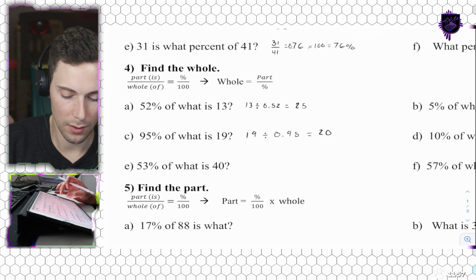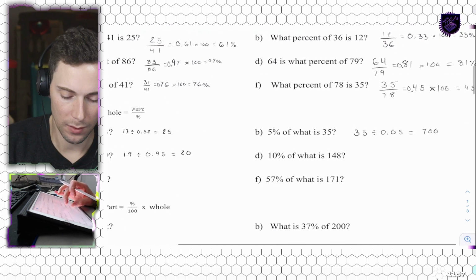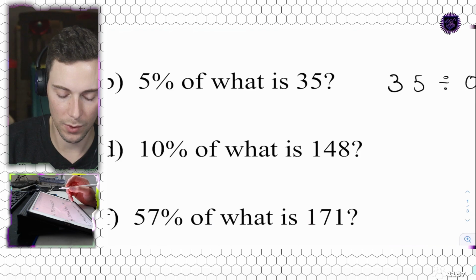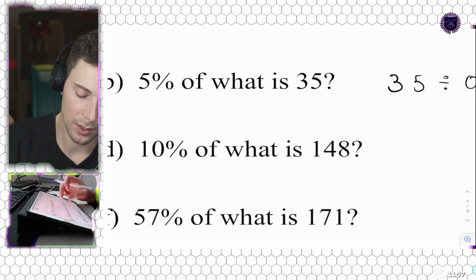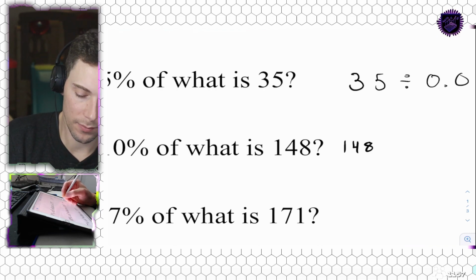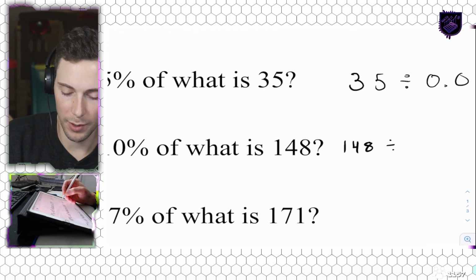C. 10% of something is 148. So 148 divided by 0.1.